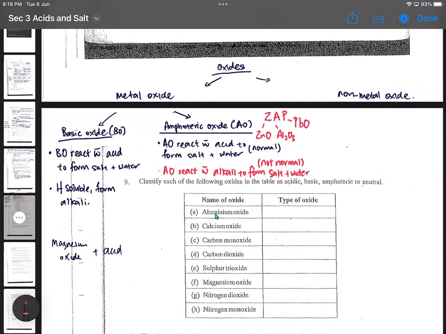These three of them are your only amphoteric oxides in the syllabus. The only reason why they are not classified with the rest is because of their ability to react with alkali, which is not a normal reaction expected of a metal oxide. So this is the portion for metal oxides.